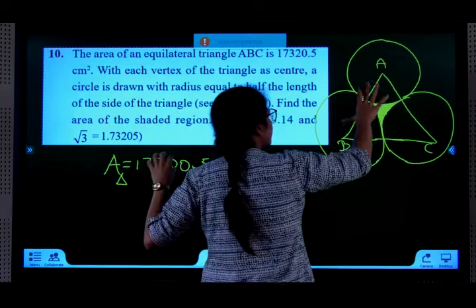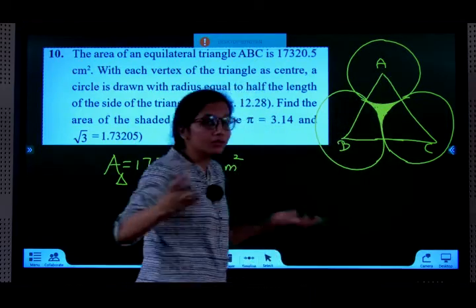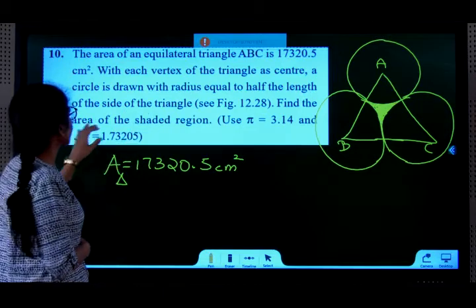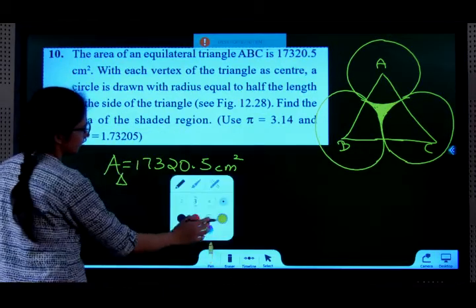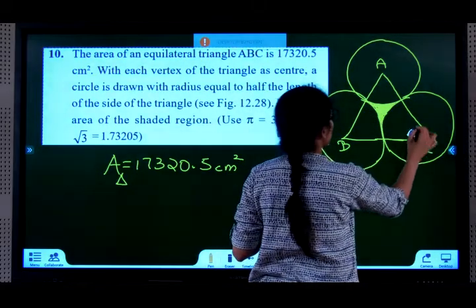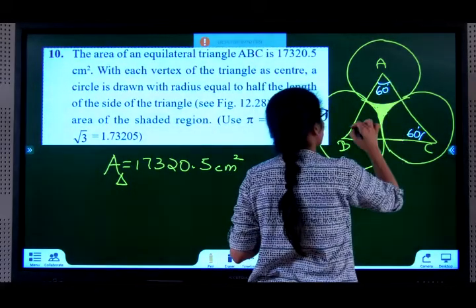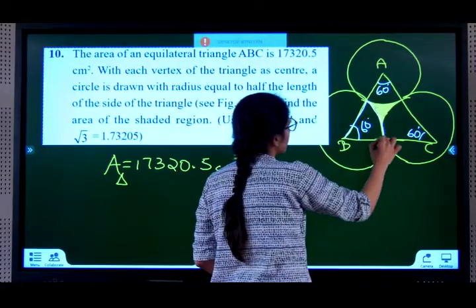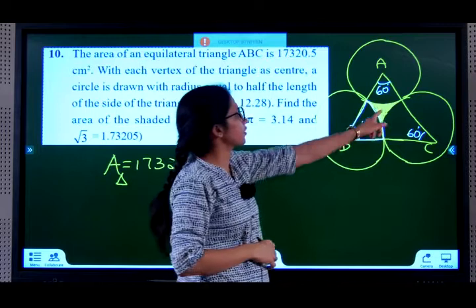So this is half of the length of the side of the triangle. But do I know the side of the triangle? No. Find the area of the shaded region. See, area of triangle minus area of 3 sectors will give me the area of the shaded region.